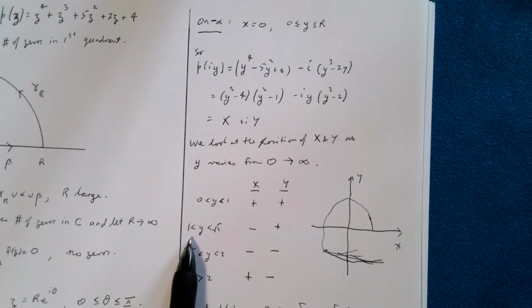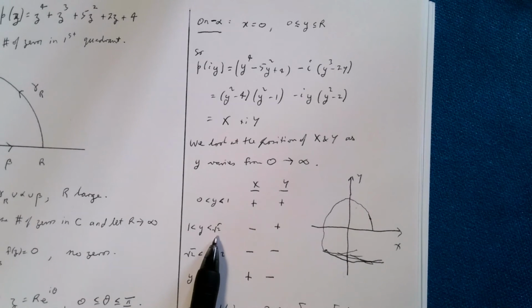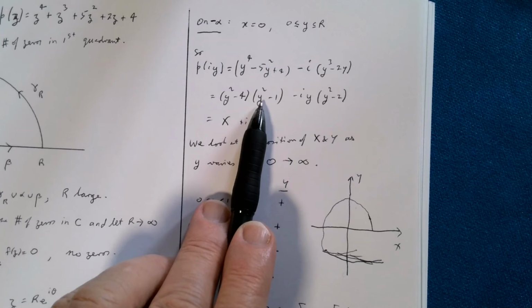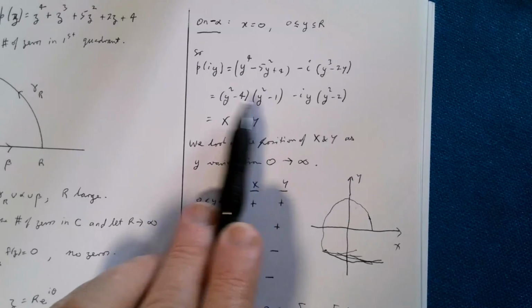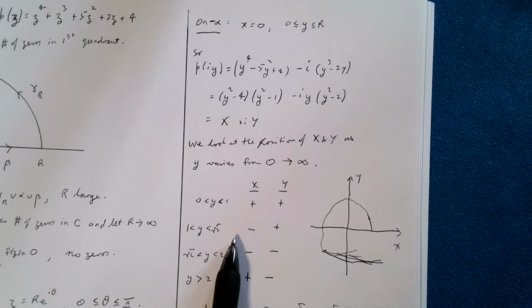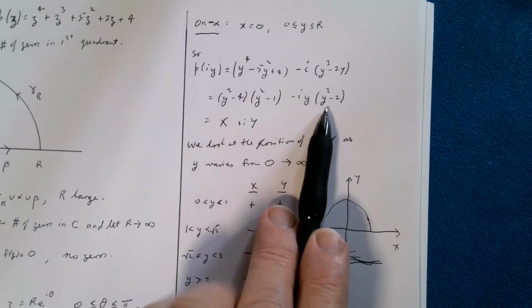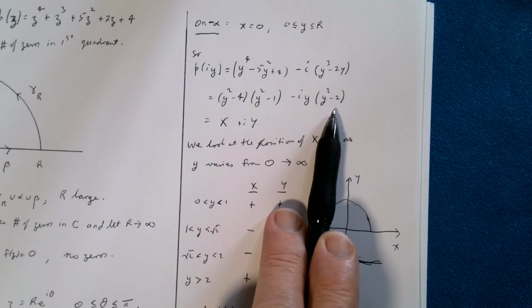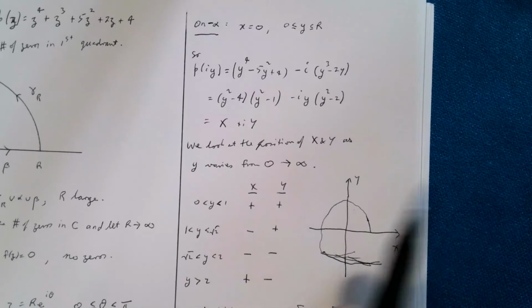Now, if y is between 1 and root 2, then in that case, this term will be positive, this will be negative, so this is overall negative. And if we're between 1 and root 2, then this is positive, this will be negative, and overall going to be positive.